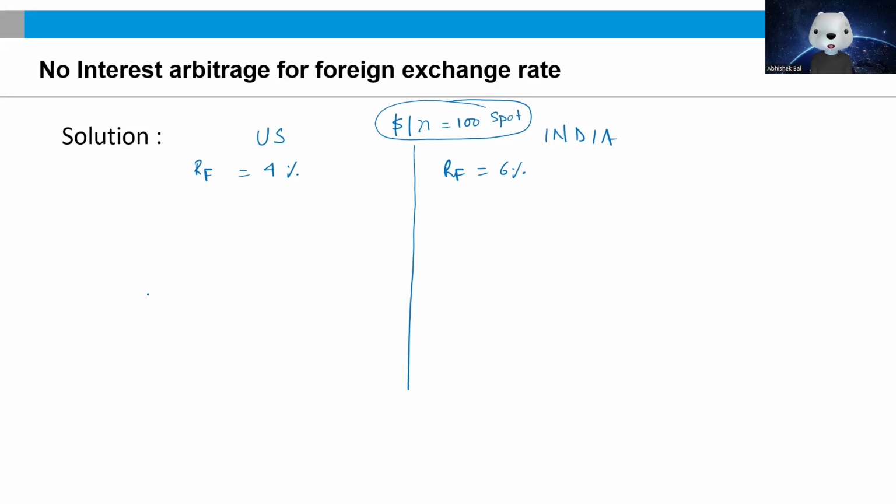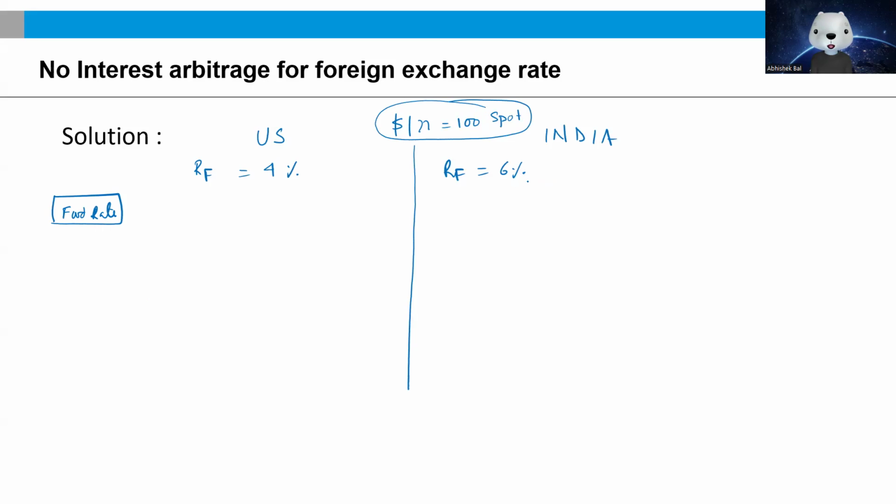Now, a year down the line, the rate which will be prevalent is what is known as the forward rate. Now, this forward rate again needs to be arbitrage free. That means nobody should be having a free lunch because of some exchange rate differential or interest rate differential. How is it so?